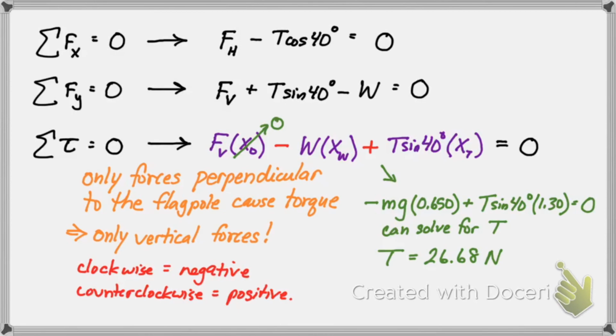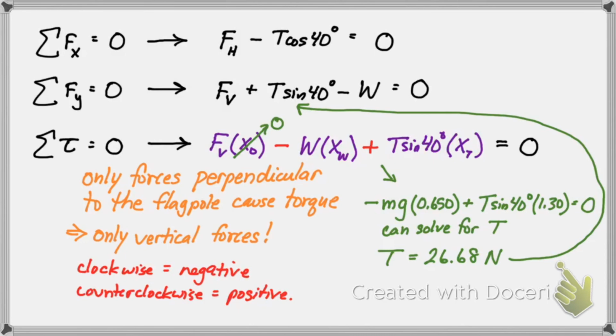So the torque equation is really important. And I know it's the hardest one to write down. And some of you have already given up on this problem, but when you learn how to deal with torques and rotation, you will see that that torque equation is always kind of the key equation. It allowed us here to solve for tension, which I can plug back in to the vertical force equation.